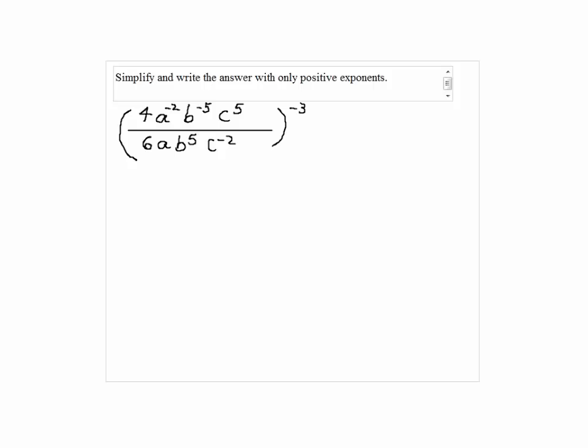At the bottom of the fraction we have 6a, b to the power of 5, c to the power of minus 2, and the whole thing is to the power of minus 3.